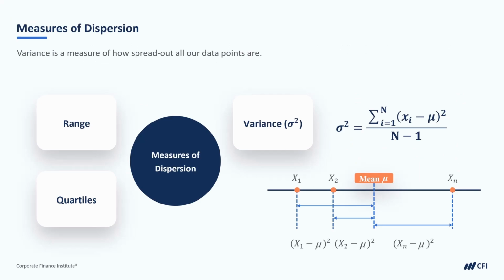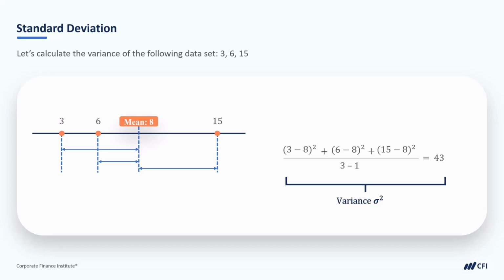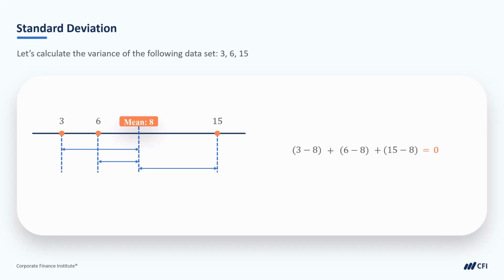Variance is a measure of how spread out all of our data points are. More specifically, variance measures how far each number in the set is from the mean, and thus from every other number in the set. It is calculated by taking the differences between each number in the dataset and the mean, then squaring the differences to make them positive, and finally, dividing the sum of these squares by the number of values in the dataset.